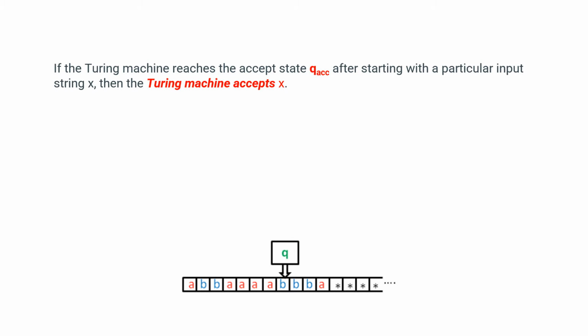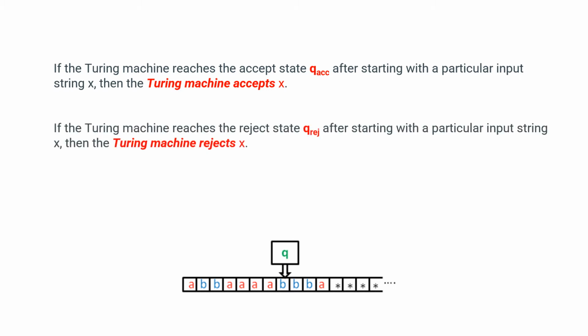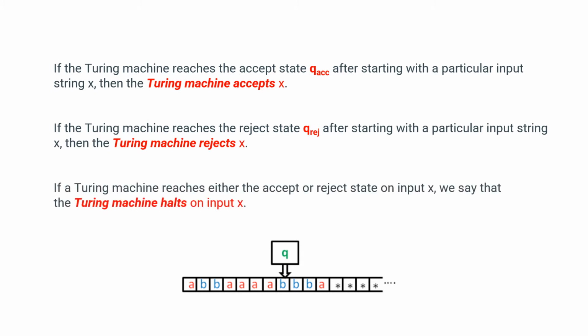If we're calling the input string X, then we'd say that the Turing machine accepts X. If we have an input string X and it reaches the reject state instead, then we would say that the Turing machine rejects X. And if the Turing machine reaches either the accept or reject state, we would say that the Turing machine halts on input X. So it would be halting, and that means it's either accepted or rejected.